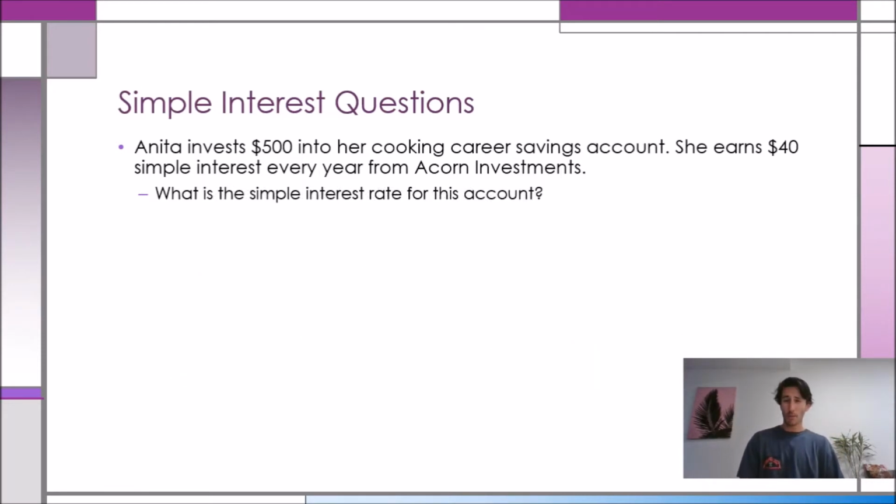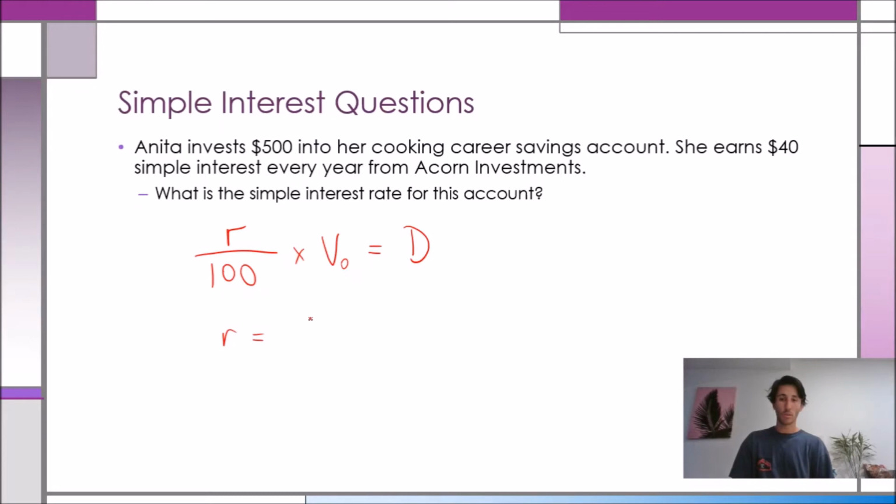The last type of question is, what is the simple interest rate for this account? Remember, the simple interest rate is R, and our formula is R over 100 times V0 equals D. In this case, we're asked to find R. Now, here's a little bit of algebra, but if you just want to write down the formula, that's also fine.